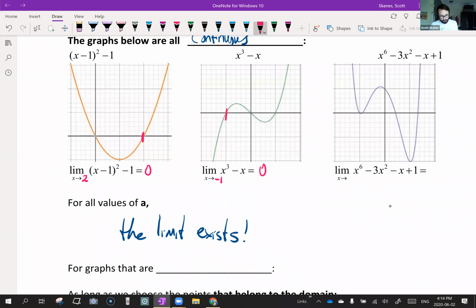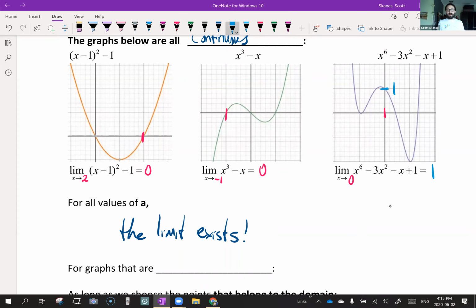What about this one? Let's put in 0. When x is 0 here, what's the limit going to be? Let's just say that the function looks like this at this point, or we can put it in. It gives us the value 5. Okay? Let me check that actually. 0, no, it's 1. Not bad. But the whole point is, if there's no crazy jumps, we just directly substitute whatever the limit number is.